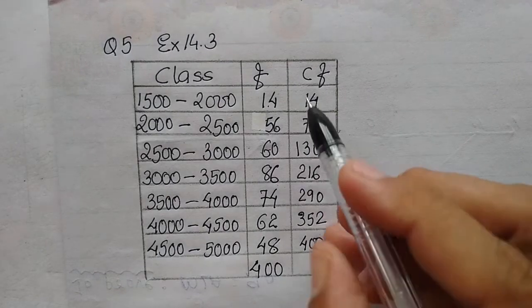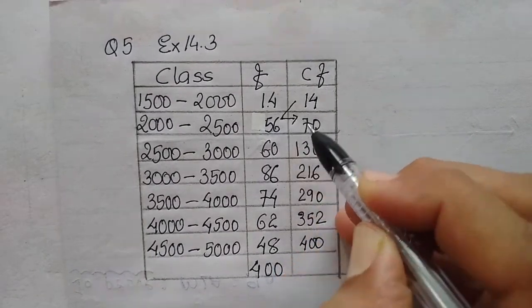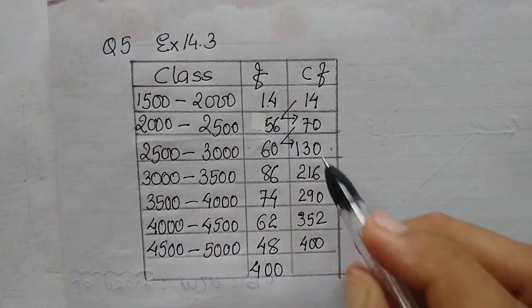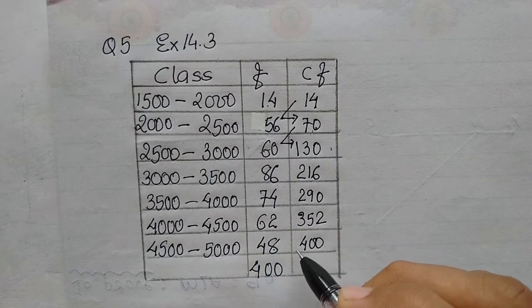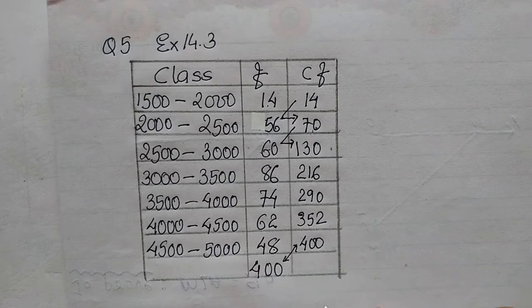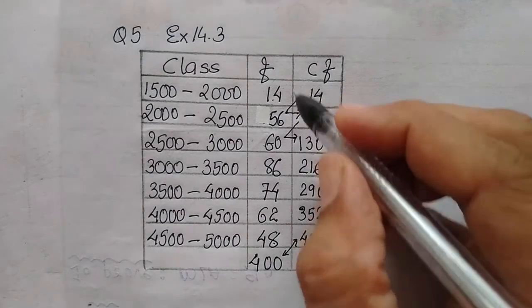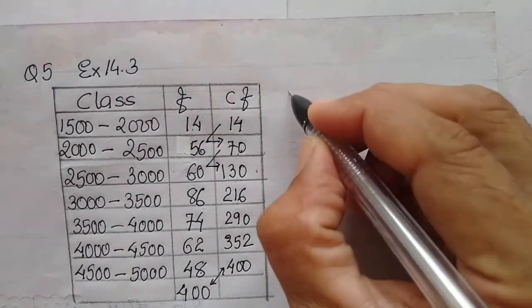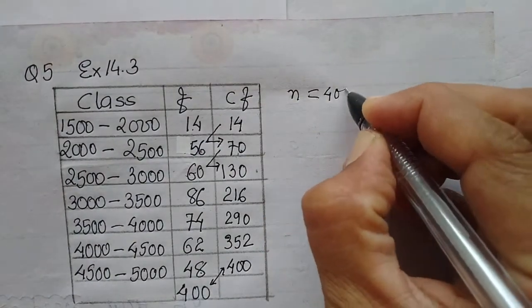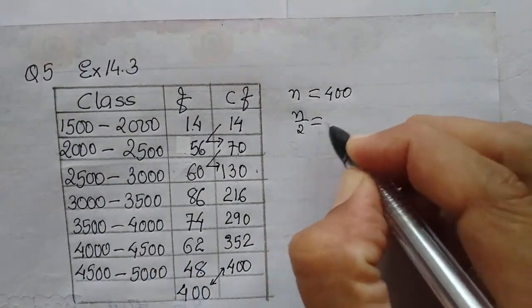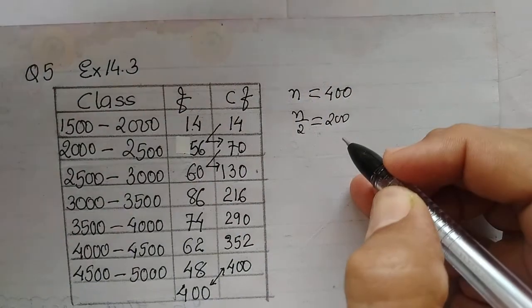Children understood? The addition goes this way, and these two should be equal, so whatever calculation we have done here is right. Now n equals 400, n by 2 equals 200.